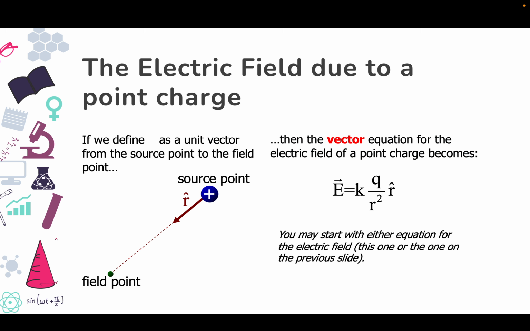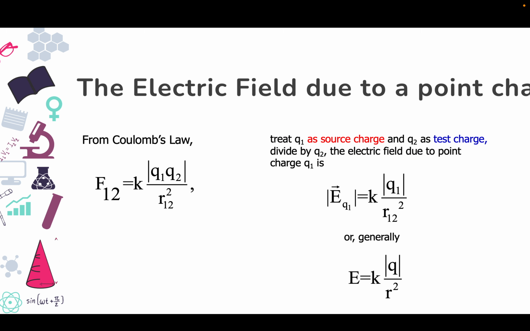You may start with either equation for the electric field, this one or the one on the previous slide. But of course, it is simpler. We know that kQ all over r squared can also be our E, aside from F over Q.